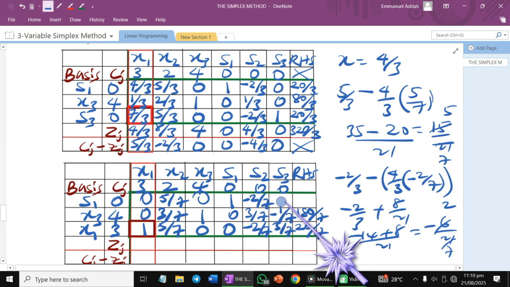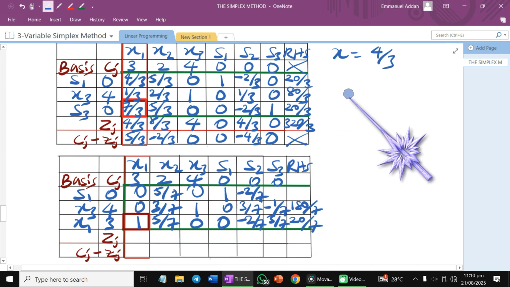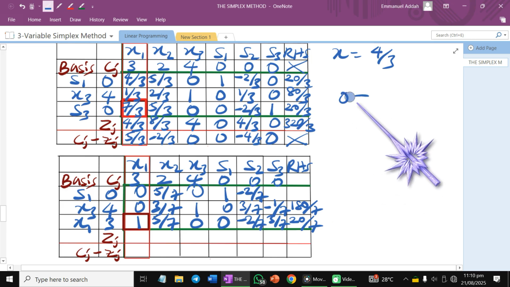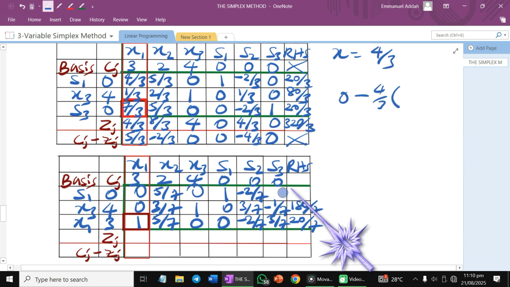The next one here, look at the corresponding position, which is 0, minus our x 4 over 3 into the new pivot row value. What is it? 5 over 7.